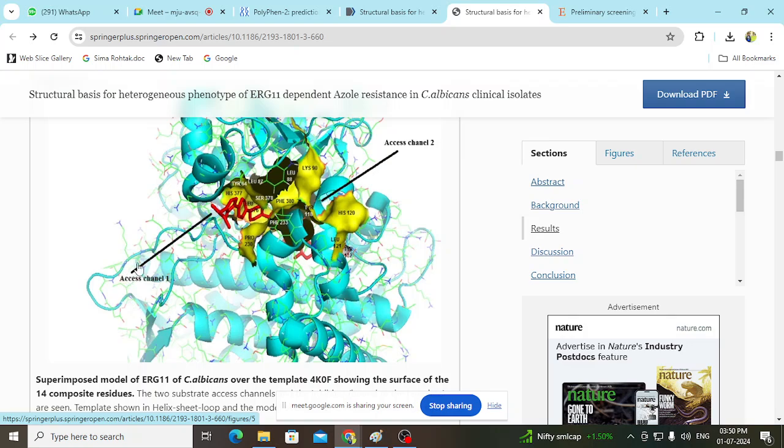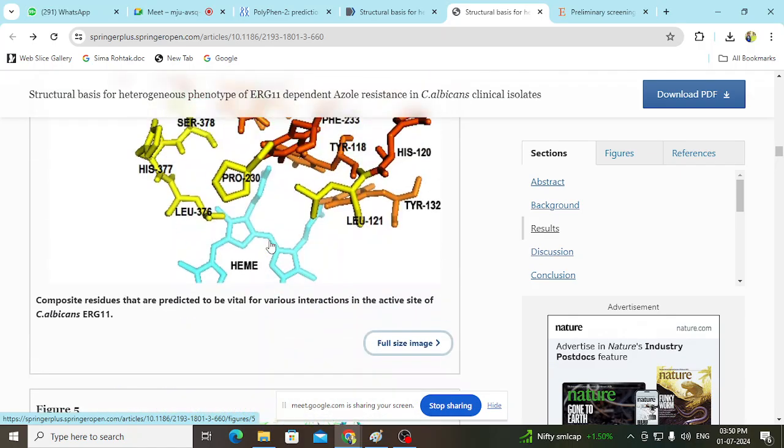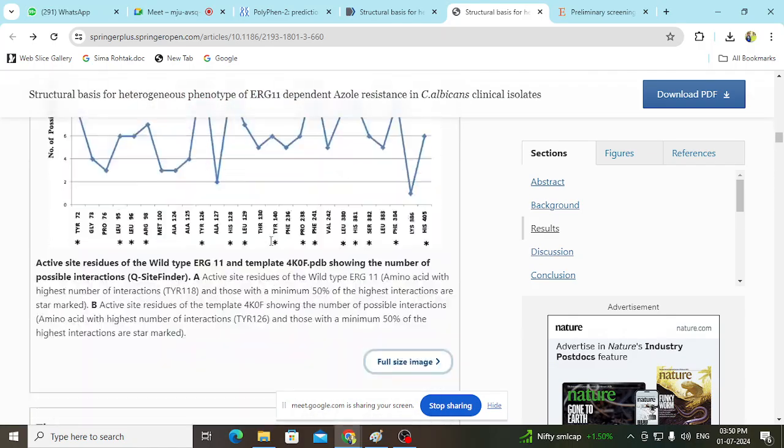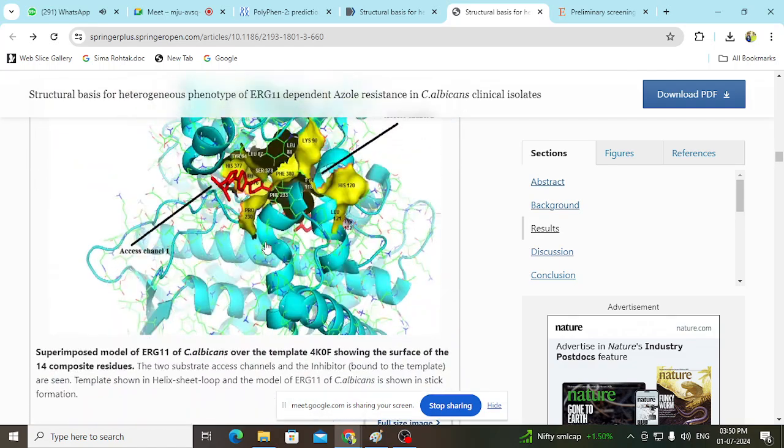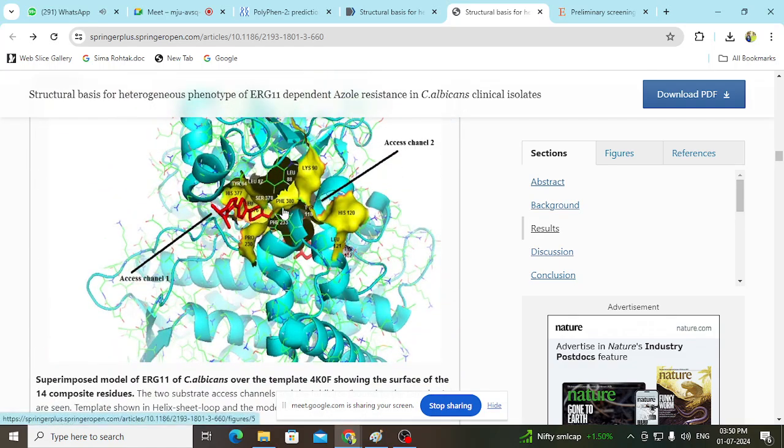There are two access channels, as you can see, access channel 2 and access channel 1. Through this channel only the drug or the substrate enters. Which drug? The azole drug we are talking about. This azole drug enters through this channel and then usually inhibits the enzyme. But due to the increase in the diameter of the channel, what happened? The drug enters through access channel 1 and comes out by access channel 2.